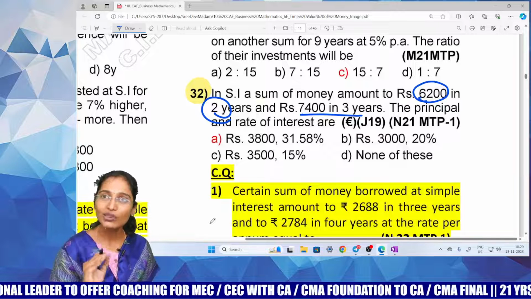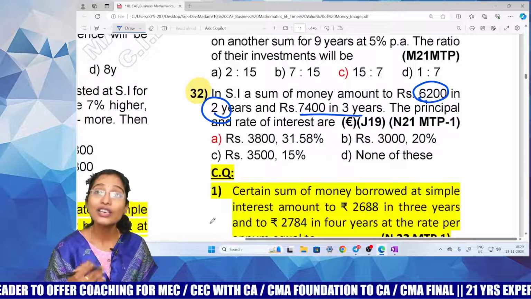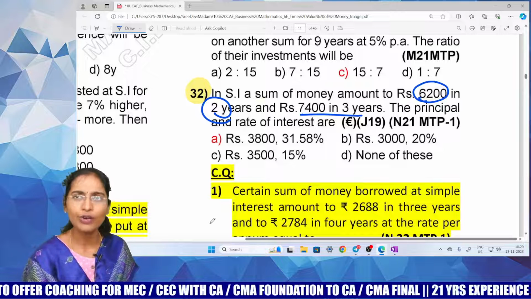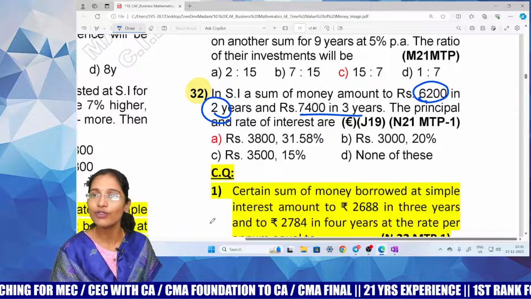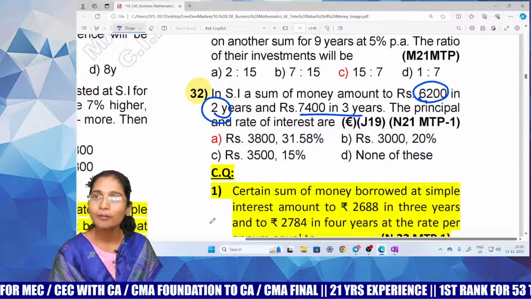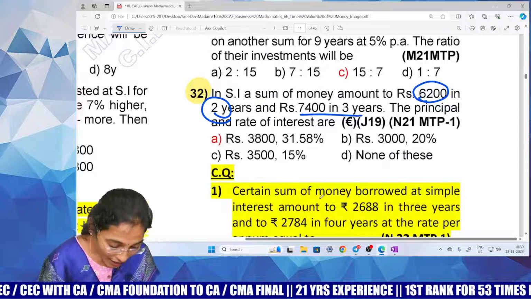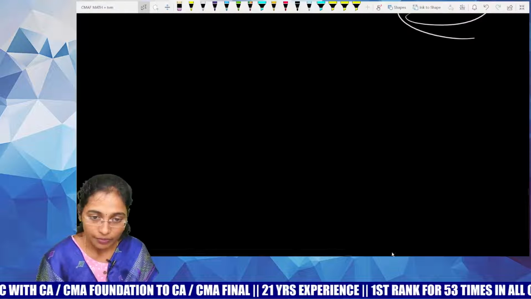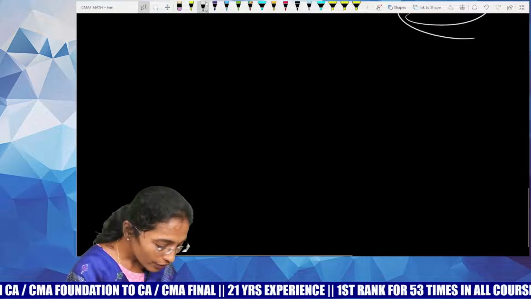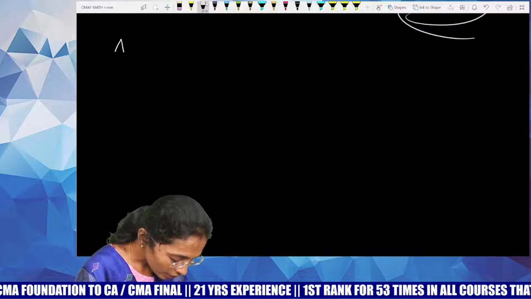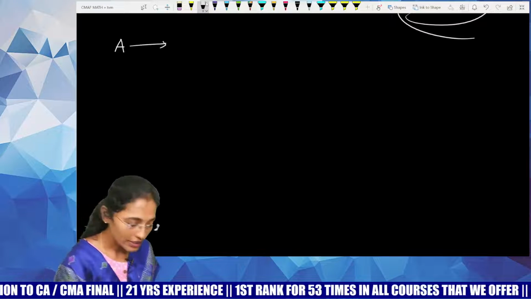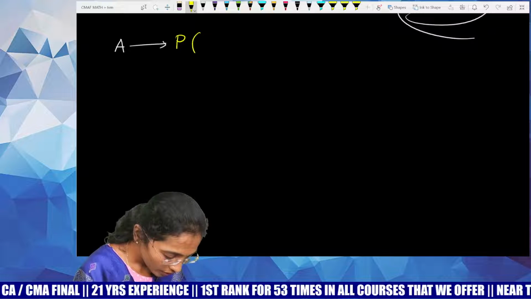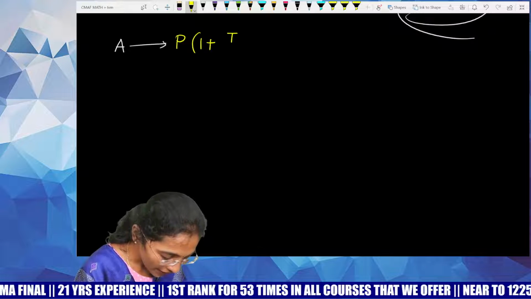By reading the entire question, what do you understand about 6,200 and 7,400? Are they principals, amounts, interest, rate of interest or time durations? Yes, they are amounts. Am I correct? The question is filled with amounts. Do you know the formula for amount? Yes, P of (1 plus TR by 100).